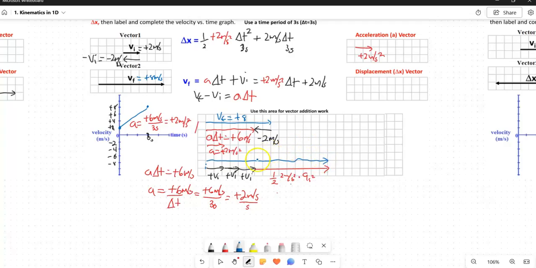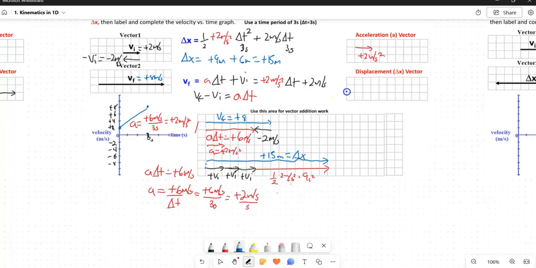So that should be positive 15 meters, which is the displacement. Let's see if that's true. So this is 6. So this delta x is going to be equal to positive 9 meters plus 6 meters, which is going to be equal to positive 15. It works.